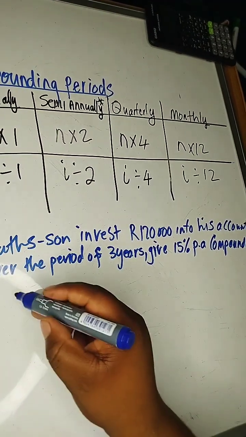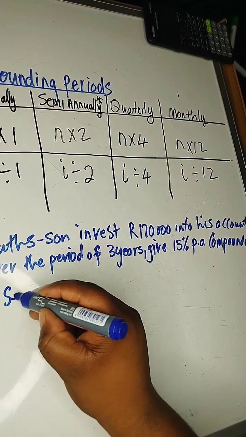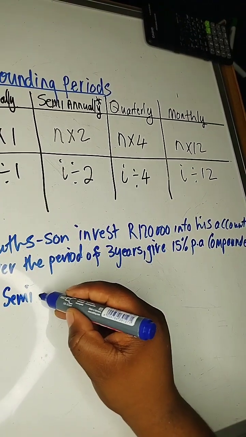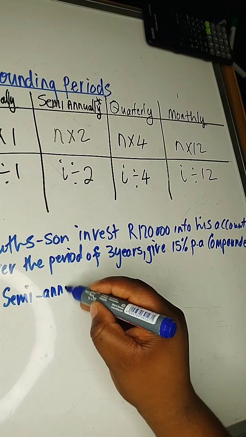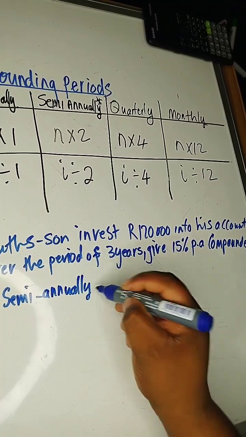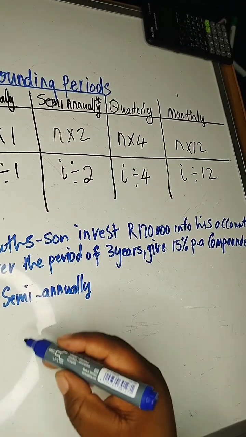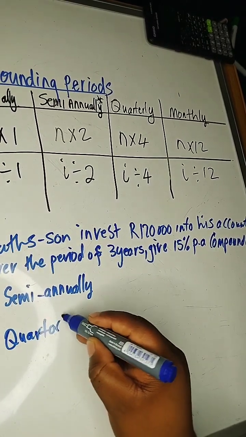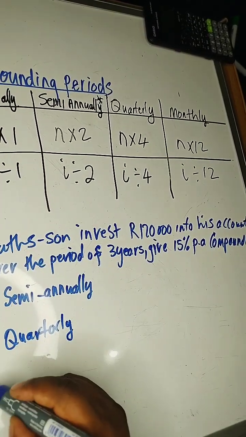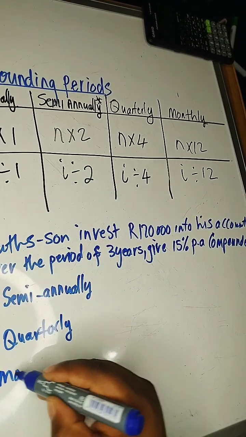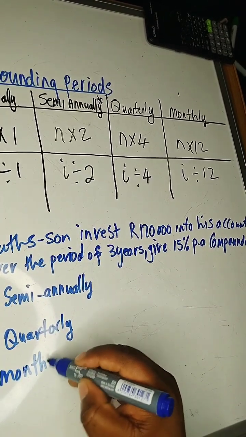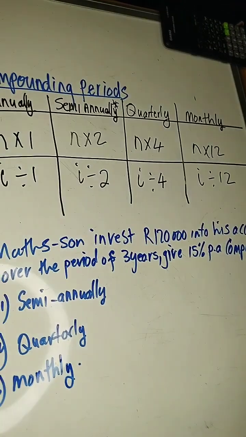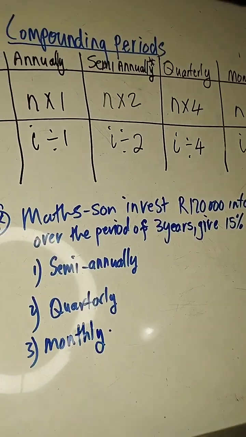Then they say 1, semi-annually. 2, they say quarterly. Then 3, they say monthly. Let's do these problems and check if we understand.